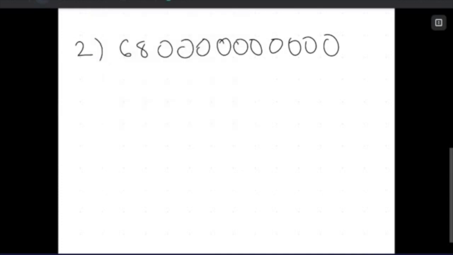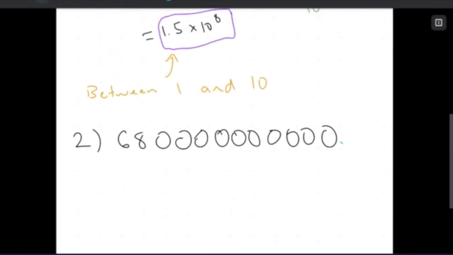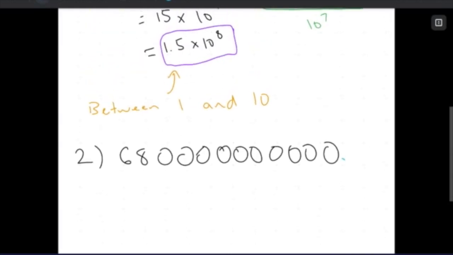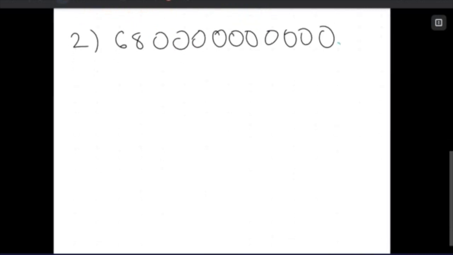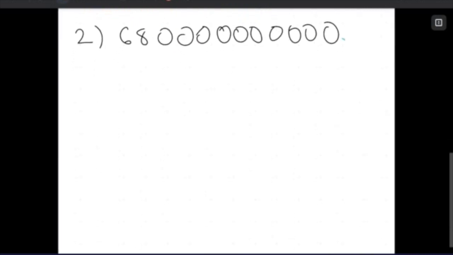So I can think of this as some whole number here. Now, to convert this to scientific notation, I just want to find out how many tens got multiplied. And eventually, I want a decimal point to end up here, like you saw there. So I can think of my decimal point as being all the way at the end here.